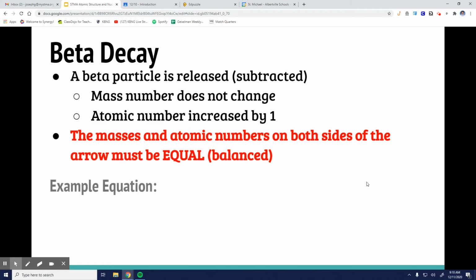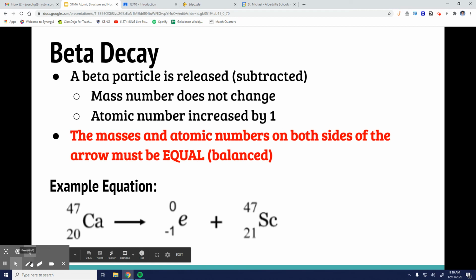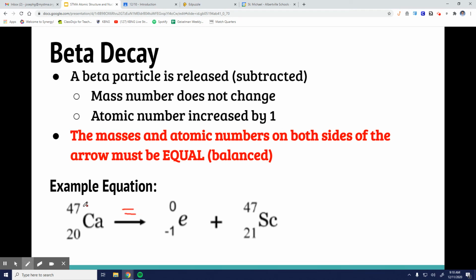So when we look at this example equation, calcium-47 can go through beta decay. We can think about the arrow like an equal sign. 47 equals 0 plus 47. That looks like it's balanced. Now, if we look at the bottom, 20 for an atomic number equals -1 plus 21. -1 plus 21 equals 20.